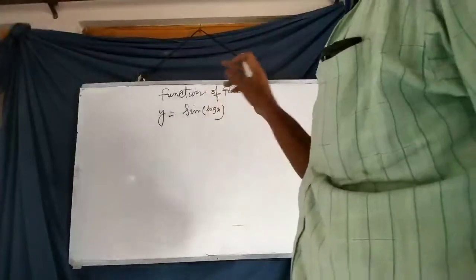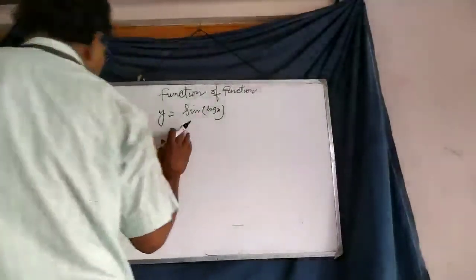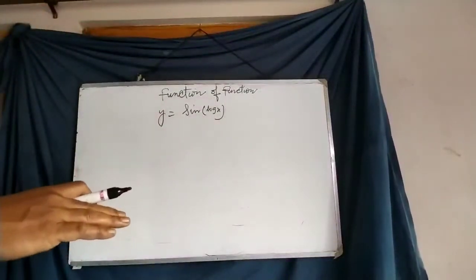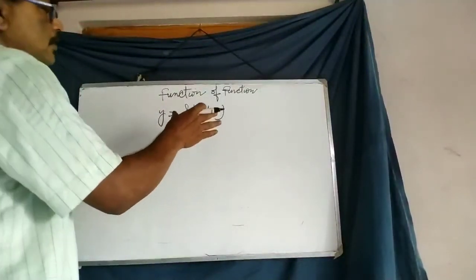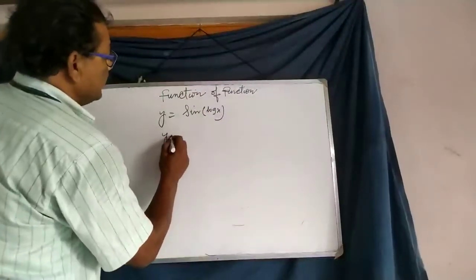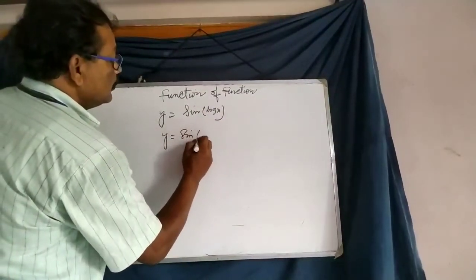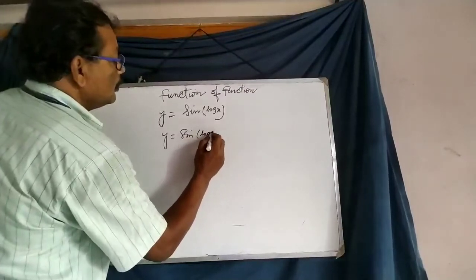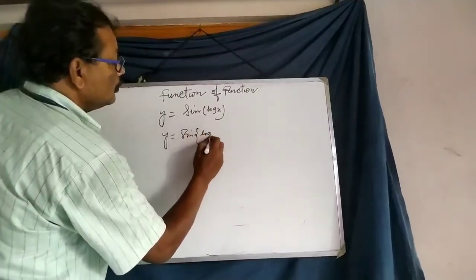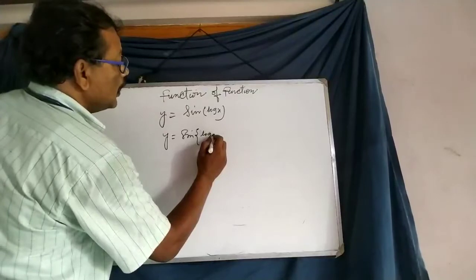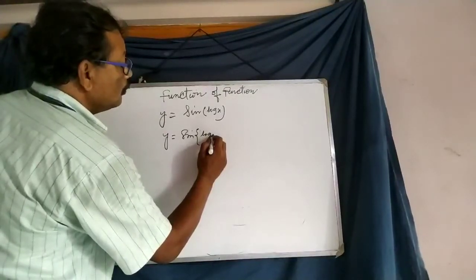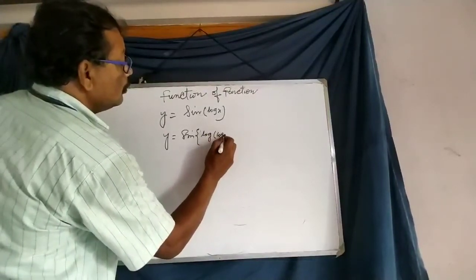Here 2 functions are there, but several numbers of functions we can get in this form. y is equal to, again I am taking another form, sin log cos x.